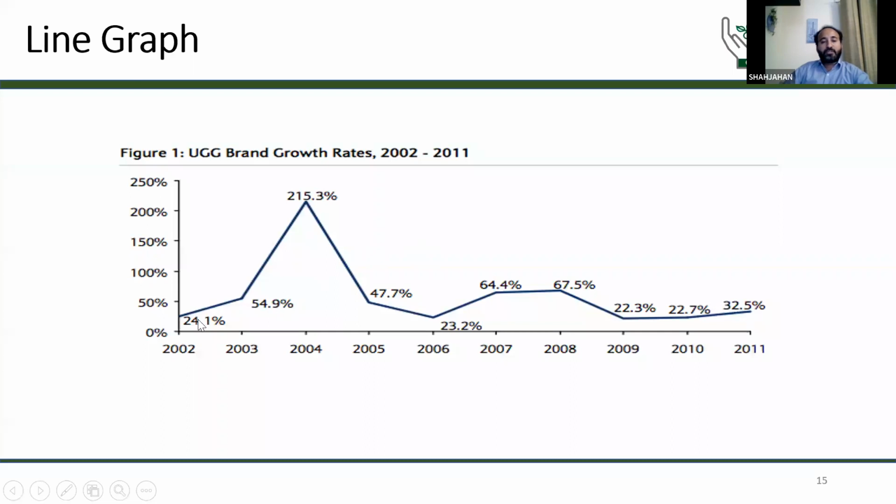We just show it by a line. For example, we want to show the growth of one brand. In 2002, it was 24%, and then 2003, 54%, and 2004, it is a 215% increase. So by this we can easily display the data and easily understand what's going on in our industry. So this is known as a line graph.